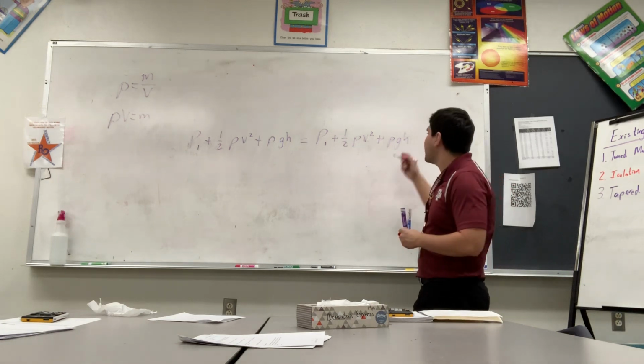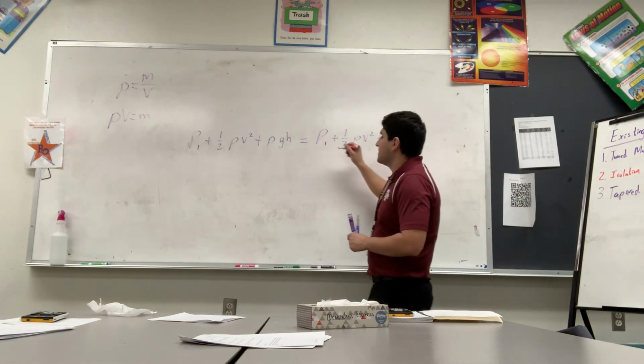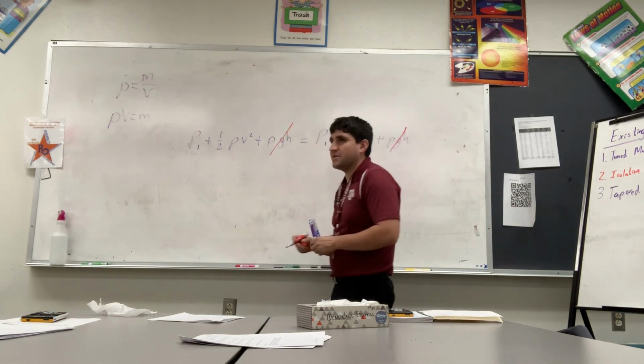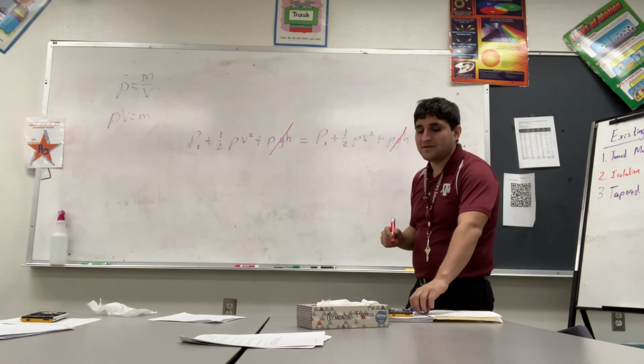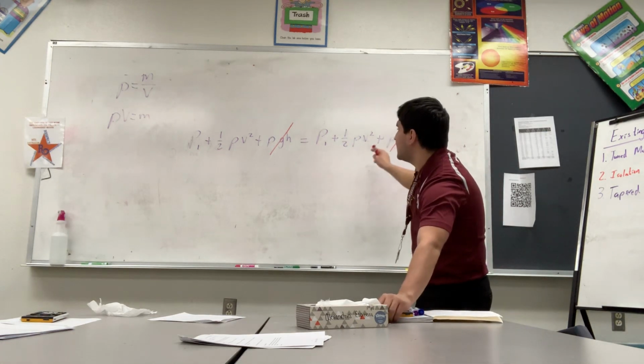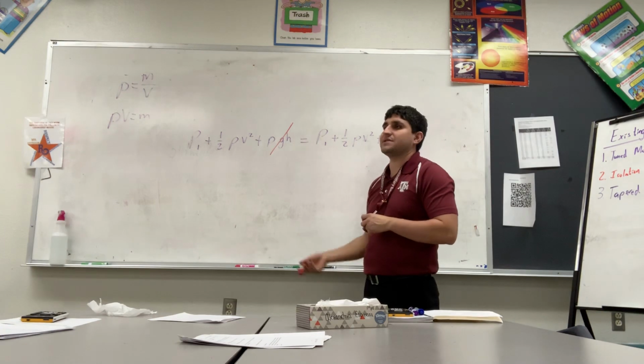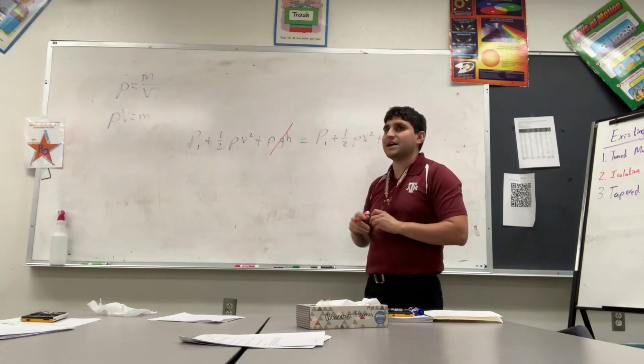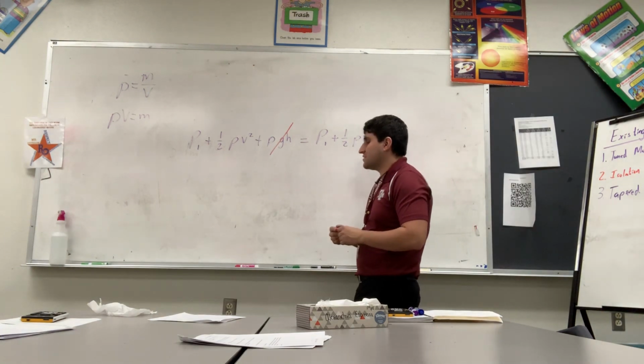It's important to establish that the heights are the same. On number 18 on your homework, the height changed, so you couldn't cancel them, but did I mention it was a straight pipe where the height didn't change? That's important.